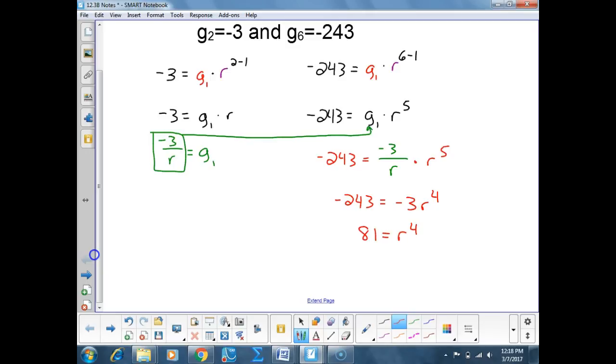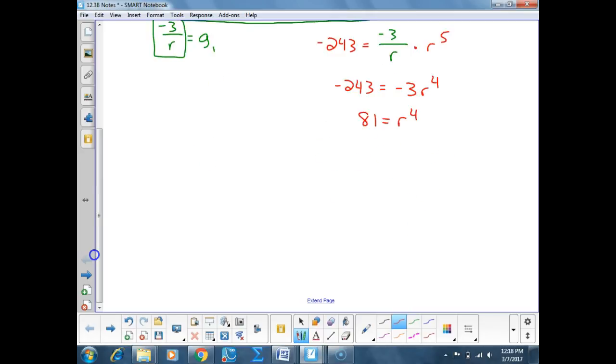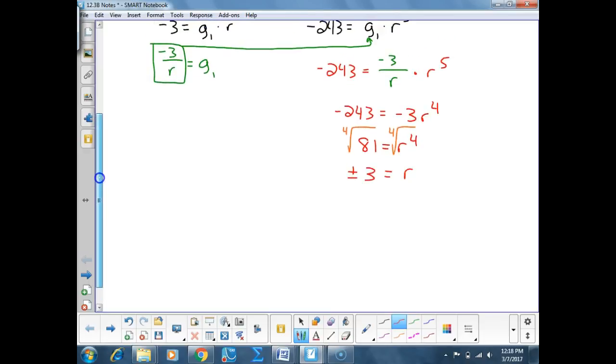Then what? Take the fourth root. So on the right, I get R. On the left, because I have an even root, it's plus or minus 3. Okay. So now I put that, I divide those back up.